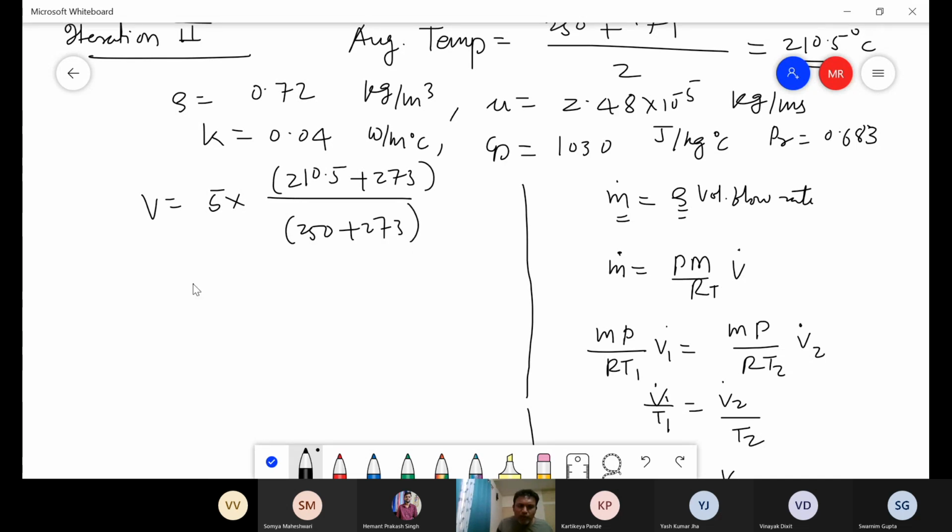So this is going to give me the new velocity at the new average temperature. This comes out to be 4.62 meter per second.